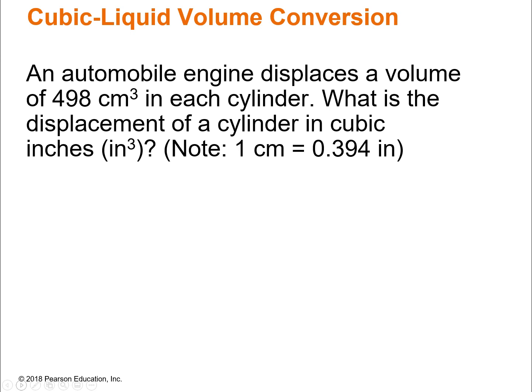Let's do a sample problem. An automobile engine displaces a volume of 498 centimeters cubed in each cylinder. What is the displacement of a cylinder in cubic inches? And then here is the unit equation. 1 centimeter is equal to 0.394 inches.